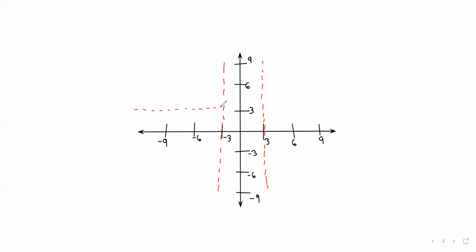So I'll just write that slightly above 3. And then we have -4 on the x, 9 on the y, and 4, 9.